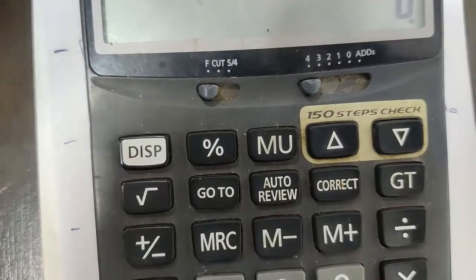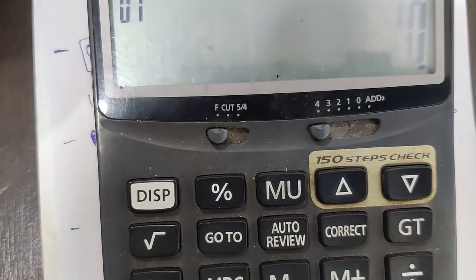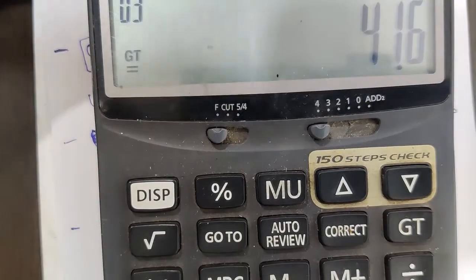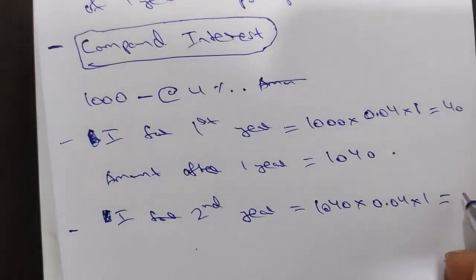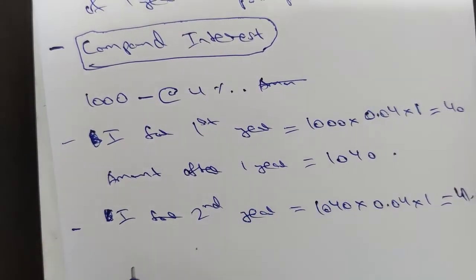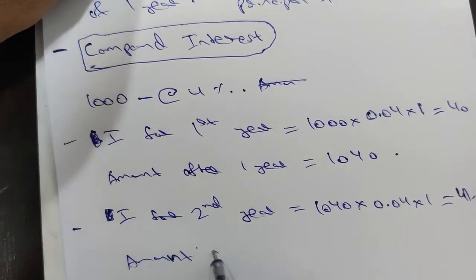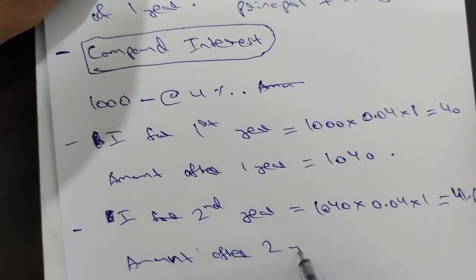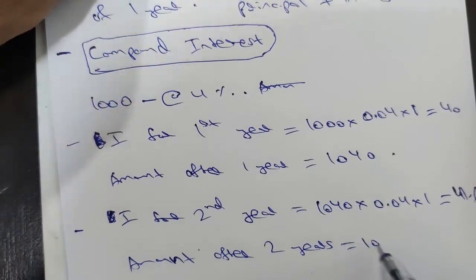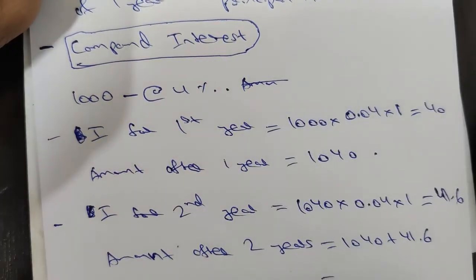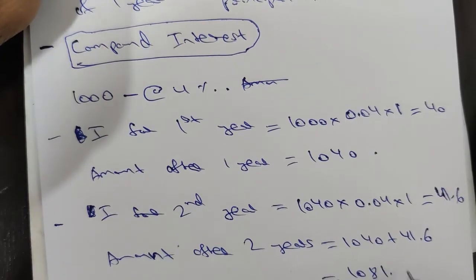So what would it be? 1040 into 0.04, 41.6. Amount after 2 years is 1040 plus 41.6, 1081.60.